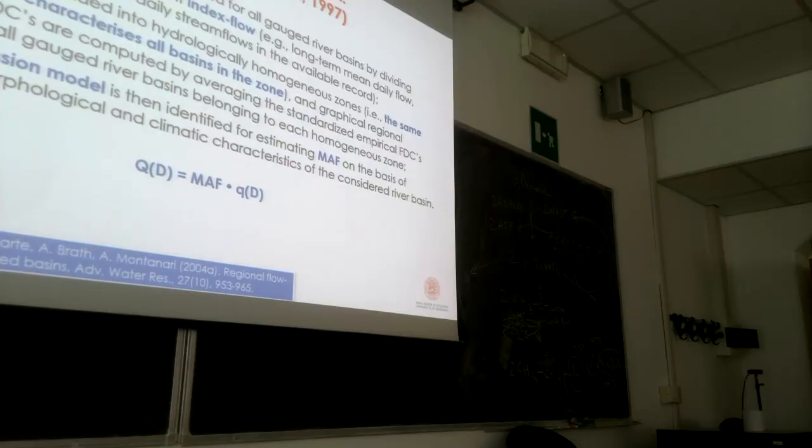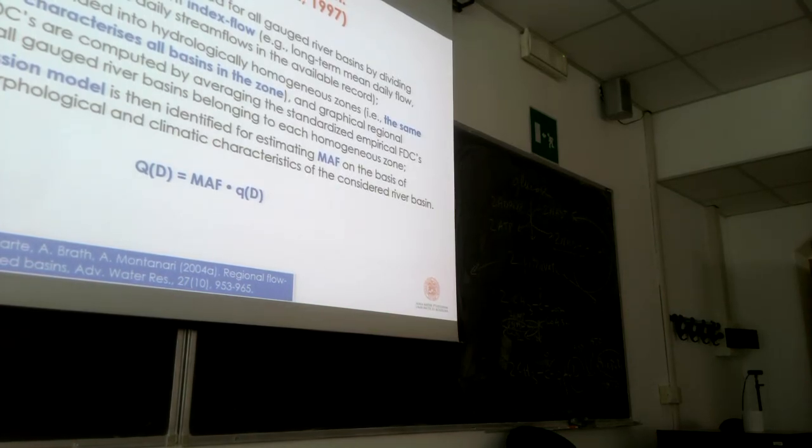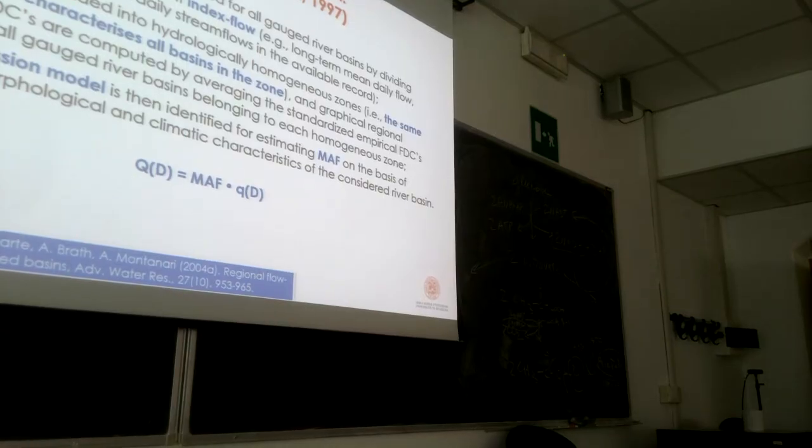Okay? So basically what you do when you apply this model is to standardize the flow duration curve, divide the discharge by the mean annual flow to get a dimensionless discharge, which you estimate based on regional information.